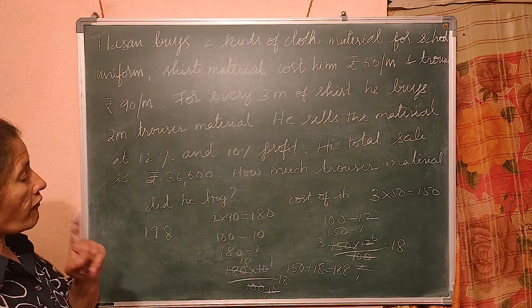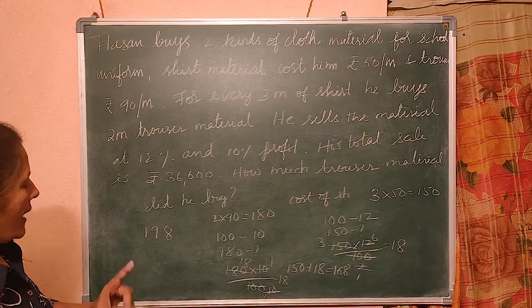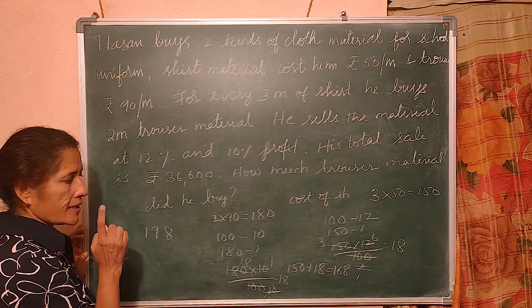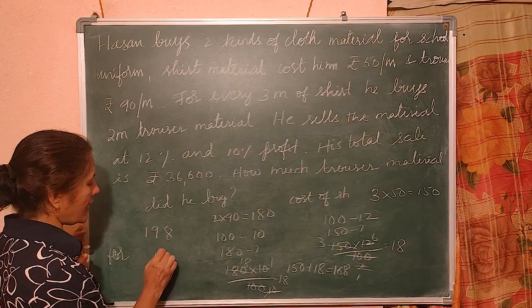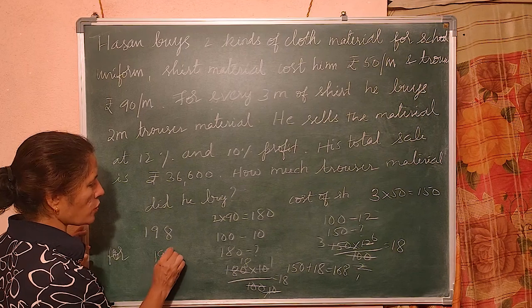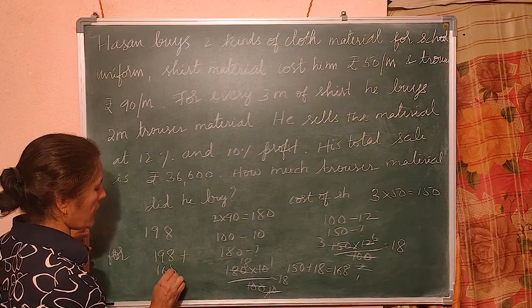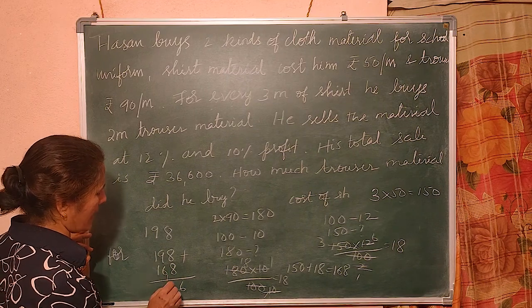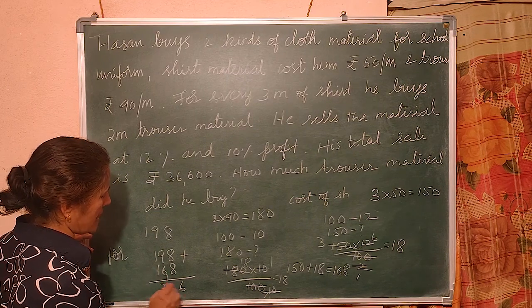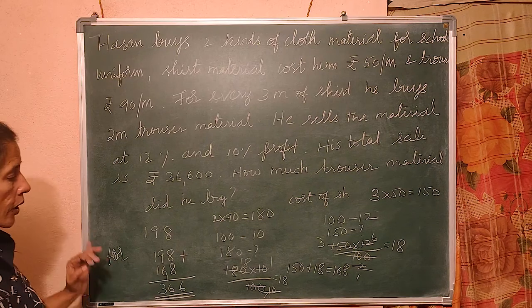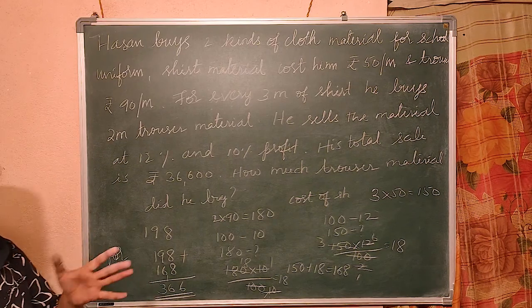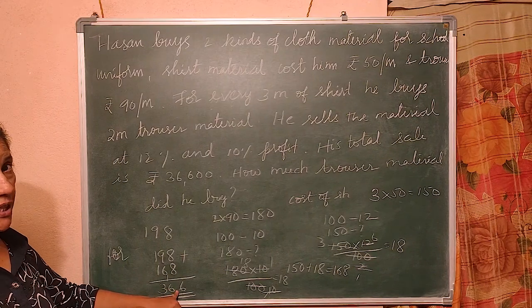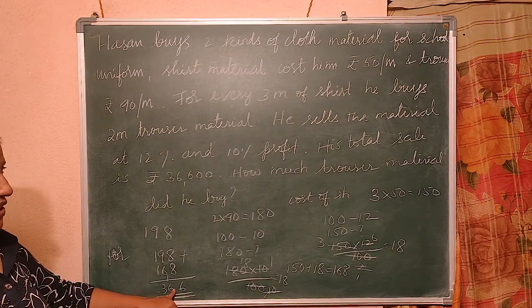Correct? So now for one pair, he charges 198 plus 168. How much? 366. Now, for one pair, with the profit, his amount is 366.